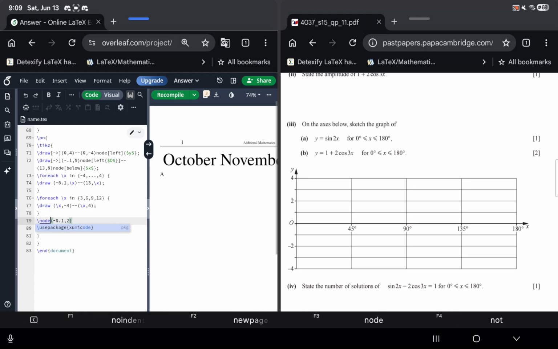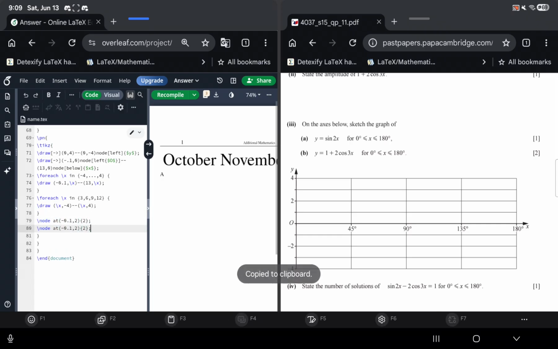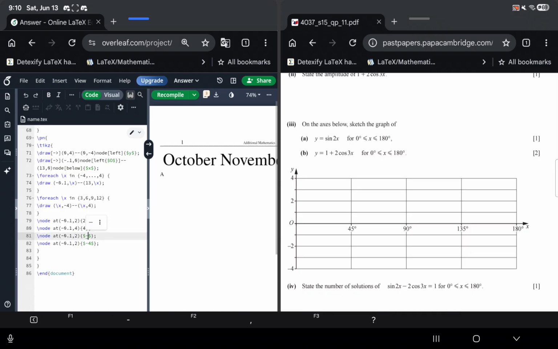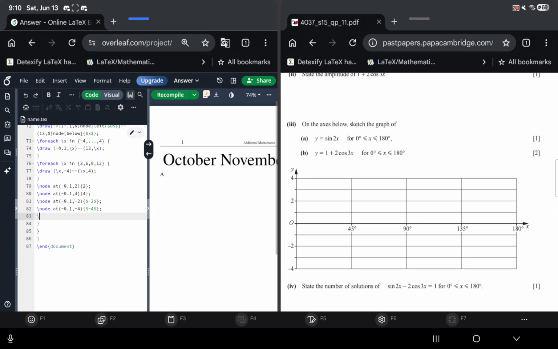It would be better to just use the node command. Node add 2, 4, negative 2 and negative 4, and we have the y labels, the x labels, which we have node at 3, negative 0.1. No, I missed it. Yeah, this.